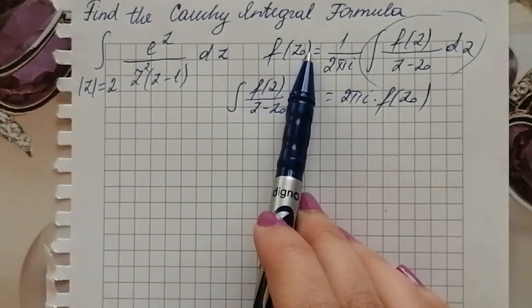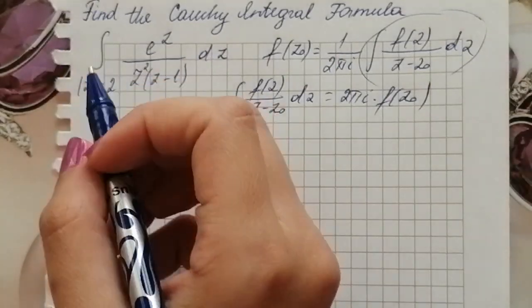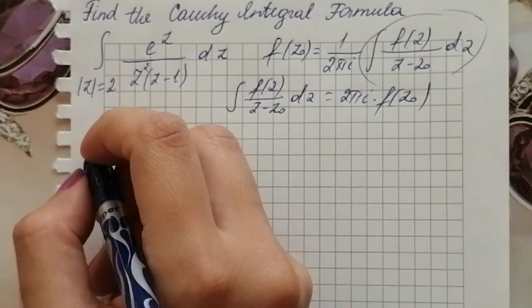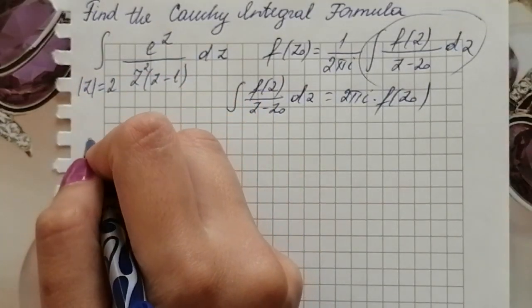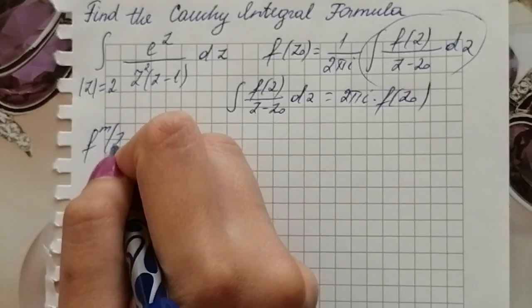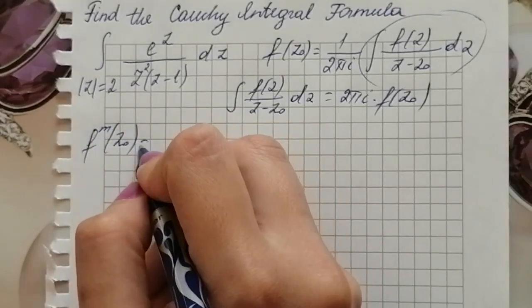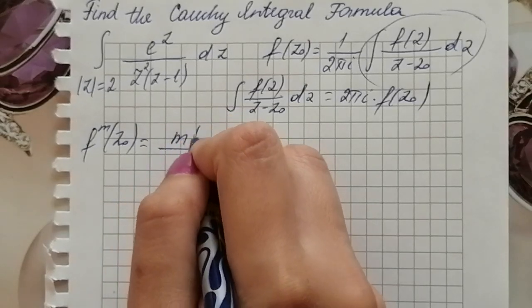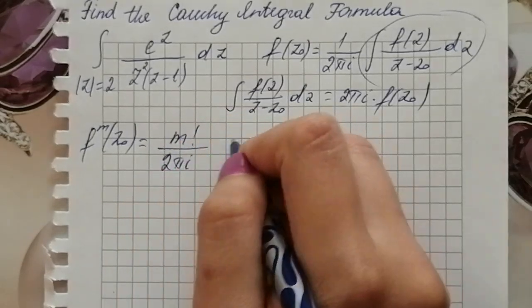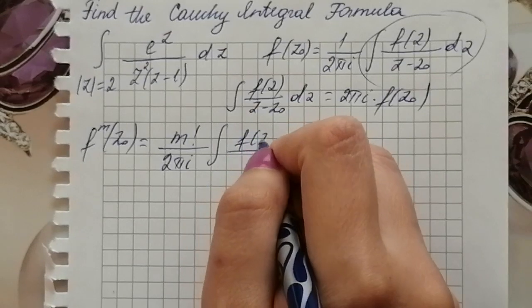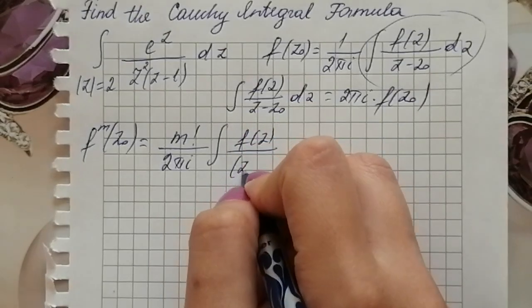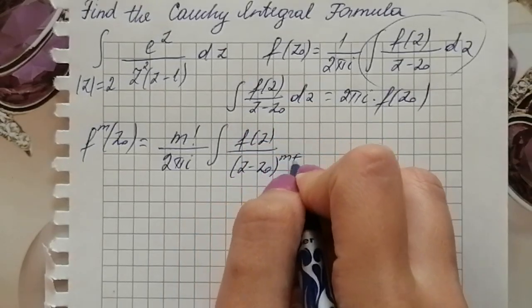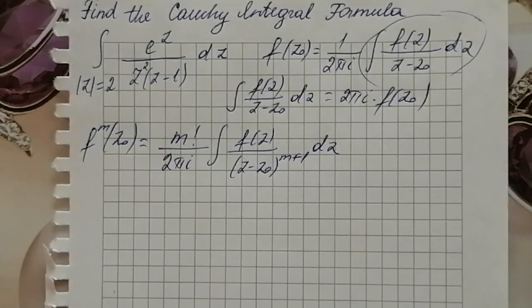And the function f of z0 can have complex derivatives of all orders. The complex derivatives of all orders are equal to m factorial over 2 pi i times the integral of f of z over z minus z0 to the power of m plus 1 dz.